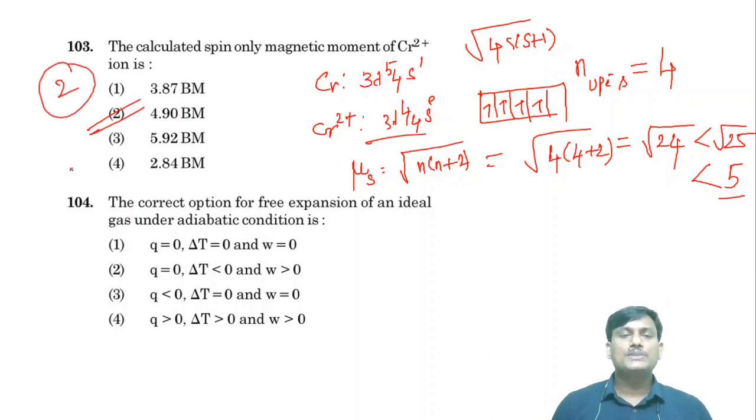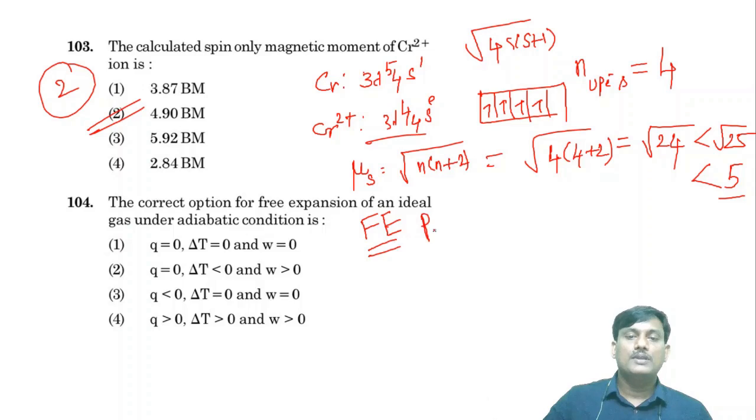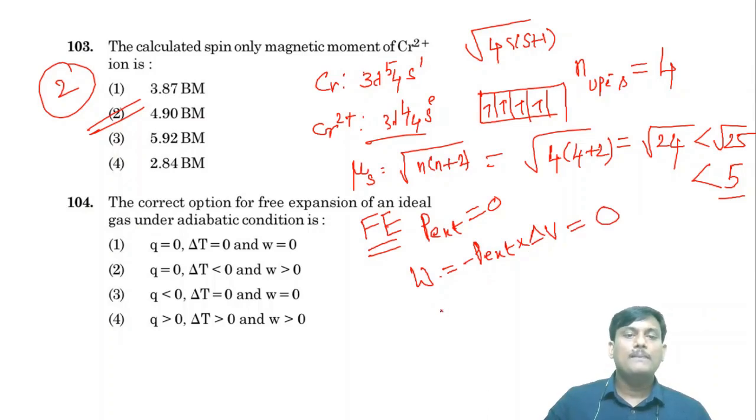The correct option for free expansion of an ideal gas under adiabatic conditions. Here what are the conditions? Free expansion means P external is equal to 0, so work done W is equal to minus P external into delta V, which is 0. Then adiabatic condition, Q is equal to 0.